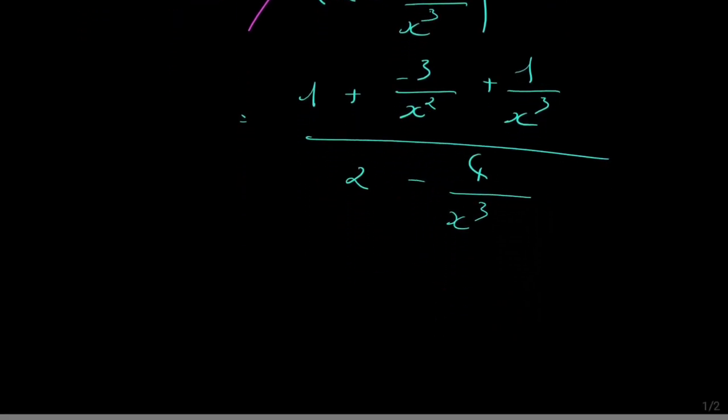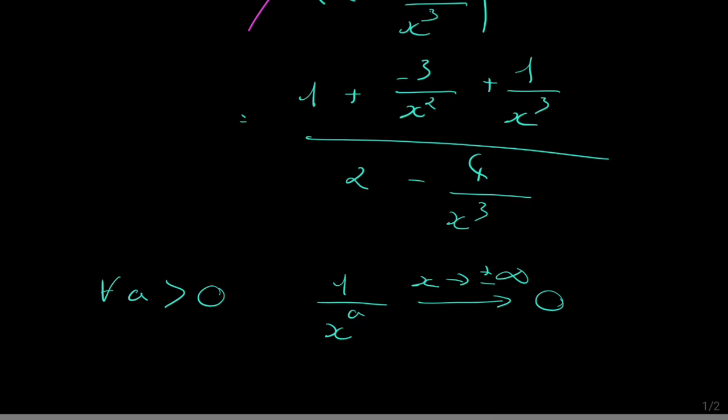And we know that for all powers that are greater than 0, 1 over x to this power tends to 0 when x tends to plus or minus infinity.